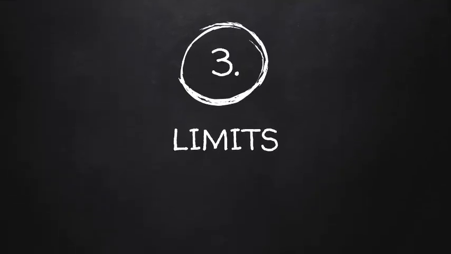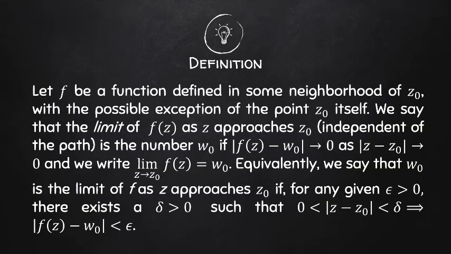The next is the definition of limit. Let f be a function defined in some neighborhood of z0, with the possible exception of the point z0 itself.